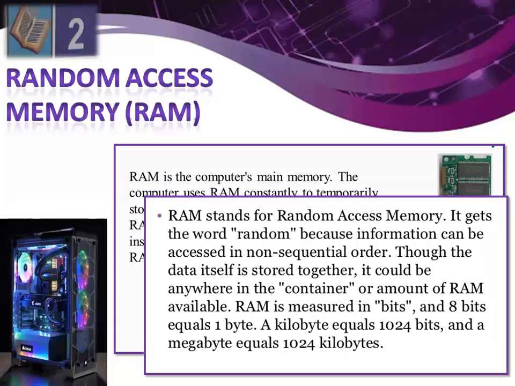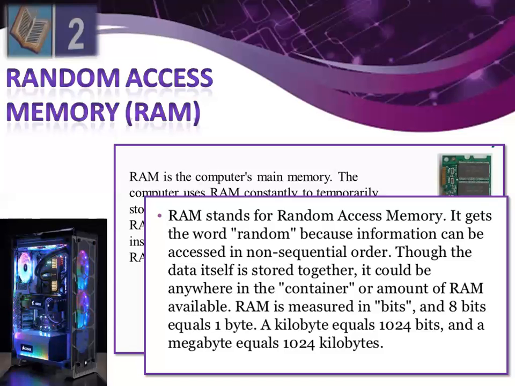RAM stands for random access memory. It gets the word random because information can be accessed in non-sequential order. Randomly, you can select any location. The data itself is stored together. It could be anywhere in the container or amount of RAM available. RAM is measured in bits, and 8 bits equal 1 byte.